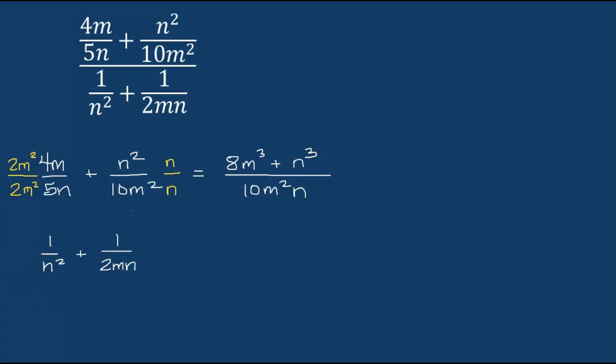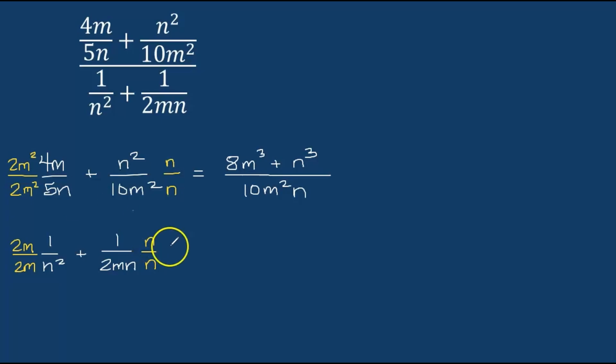Let's do the same thing for the denominator. On this side, we have two n's, n squared, but there's only one here. So we have to give this side an extra one. On this side, we have two m, and that's not here at all. Now if you look, they have the same denominator, 2m n squared. And of course, that's what we need to make our numerator.